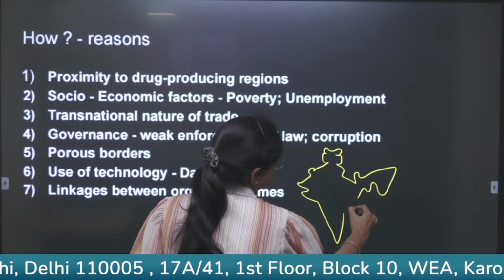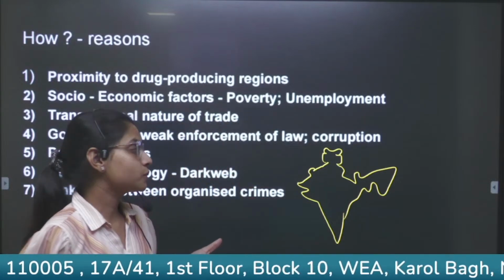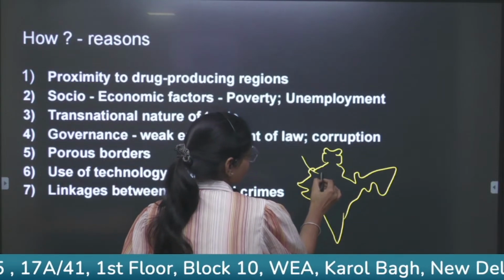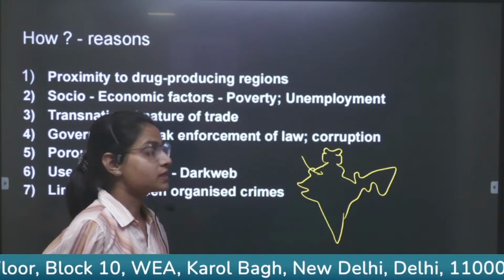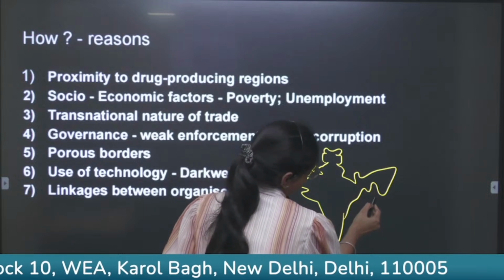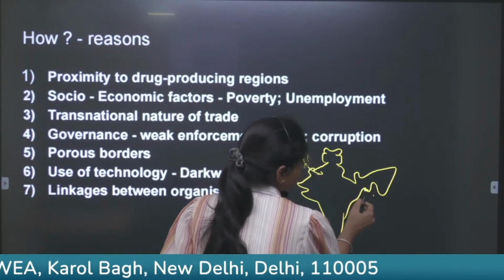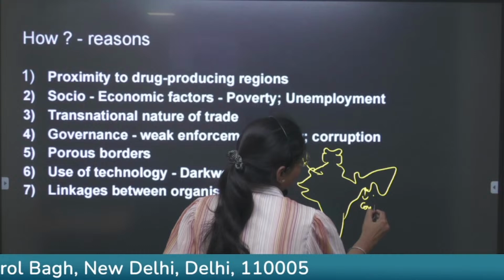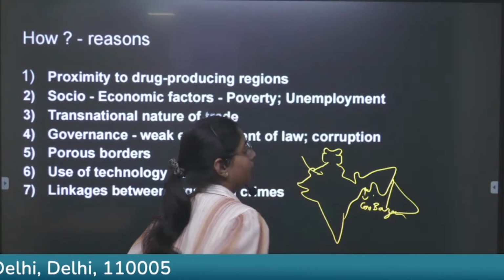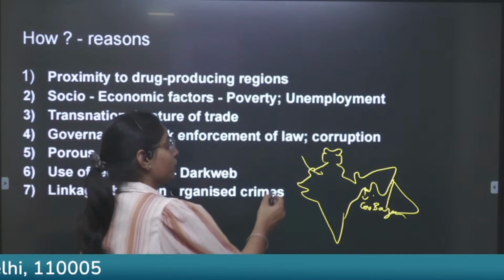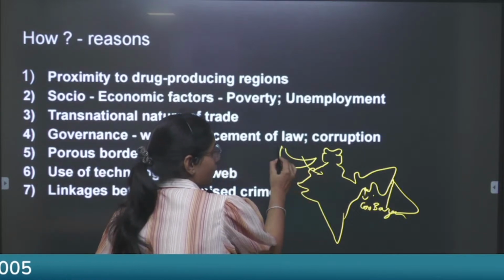Try to make simple maps in the exam, like you can show how Rajasthan and Punjab are the routes through which the drugs are basically coming into the country, and you can show the Cox's Bazar area of Bangladesh, then Myanmar, Thailand, Laos, and you can also draw the Golden Crescent.